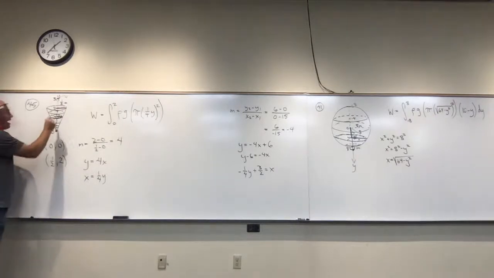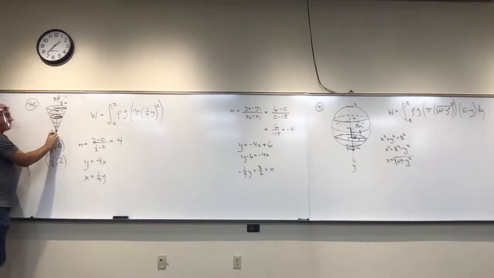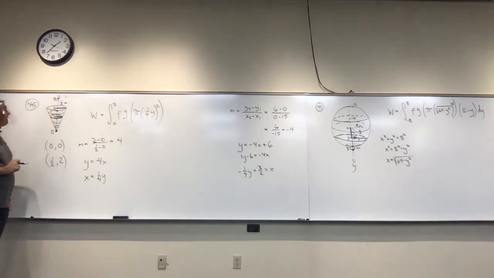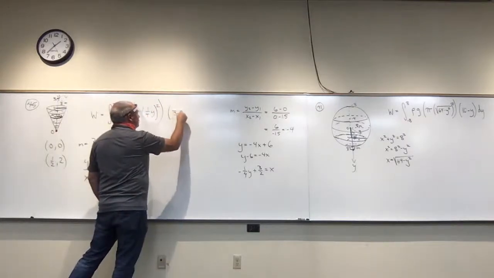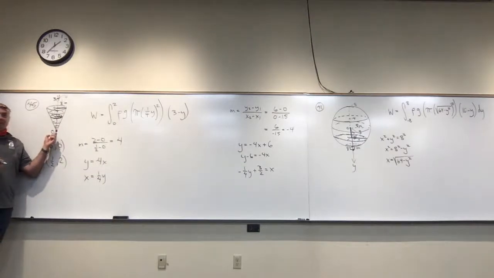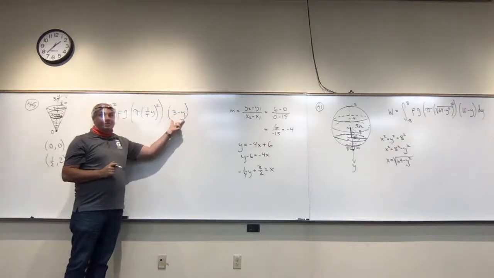Then I'm saying, at y, how far do I need to pump the water that's sitting at y? If I'm sitting at 0, how far do I need to pump it? 3. If I'm sitting at 2, I need 1. What will get that done for me? 3 minus y. Let's put that in, and then we'll check it to be sure. If y is 0, I said 3, and if I put in 0, I get 3.